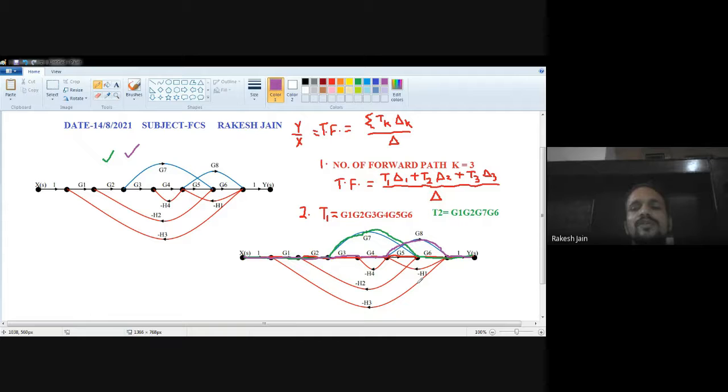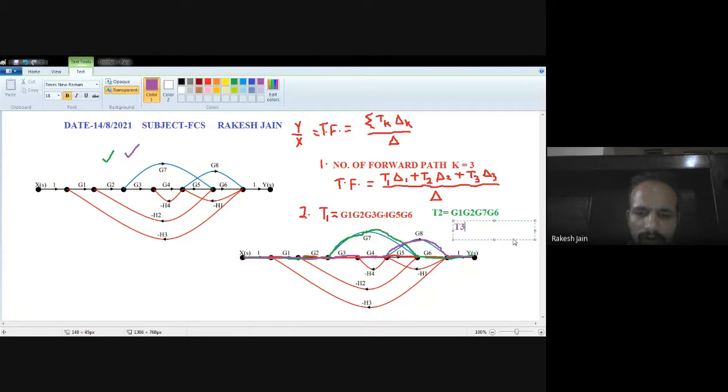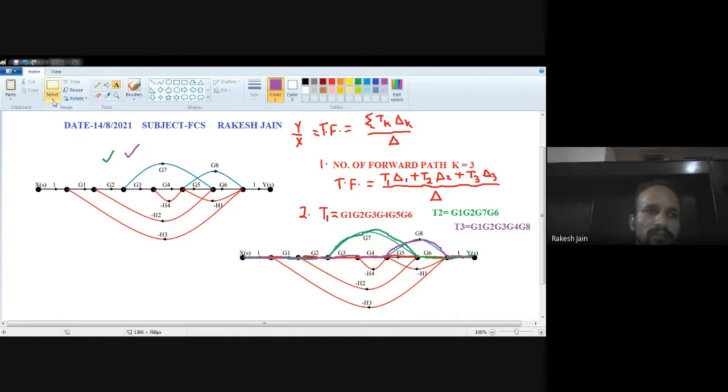Okay, so G1, G2, G3, G4, G8. This one is the third forward path. So the third forward path is G1, G2, G3, G4, and G8. So these are three forward paths. No other forward path is remaining now.